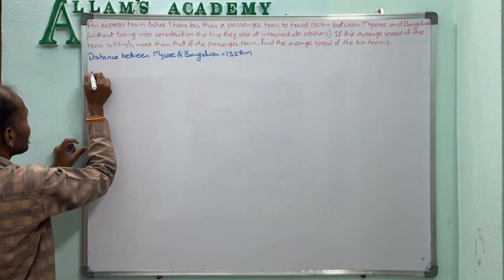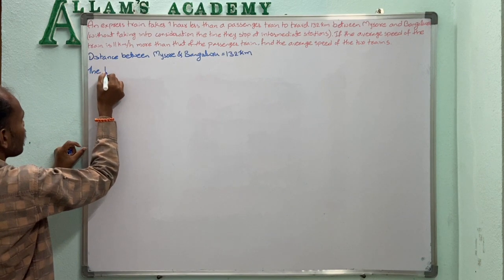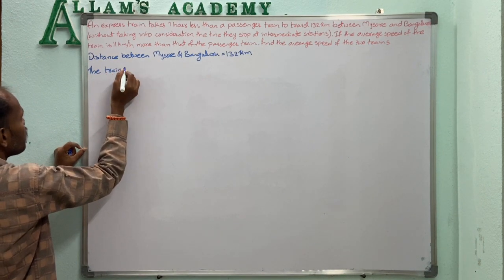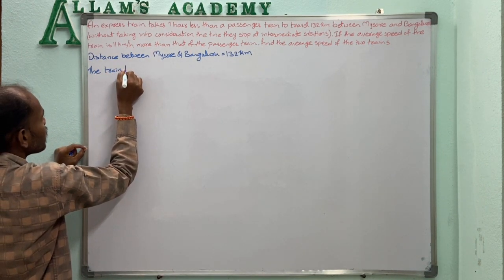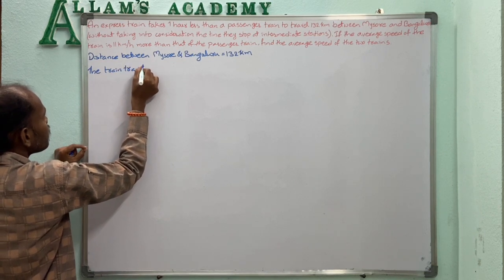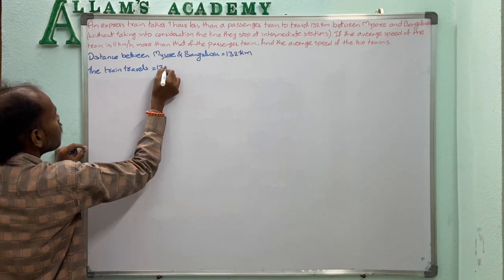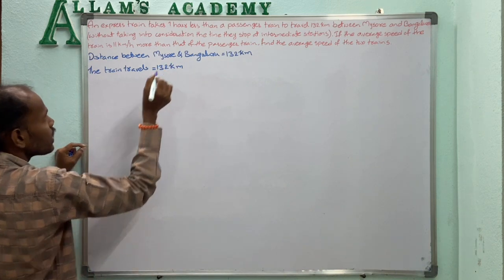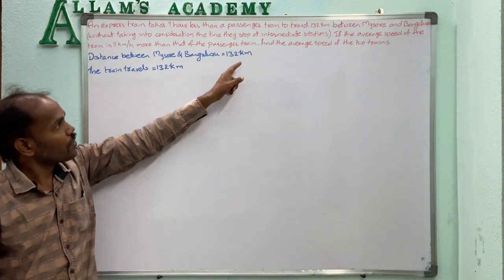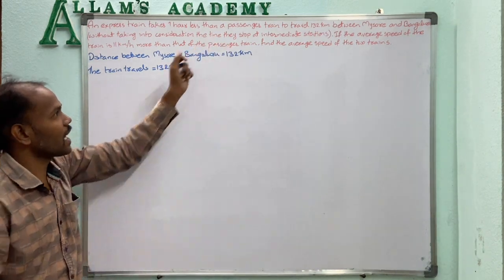That means the distance the train travelled is the distance between Mysore and Bengaluru only, 132 kilometers.